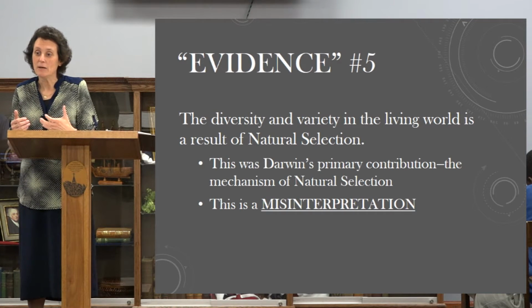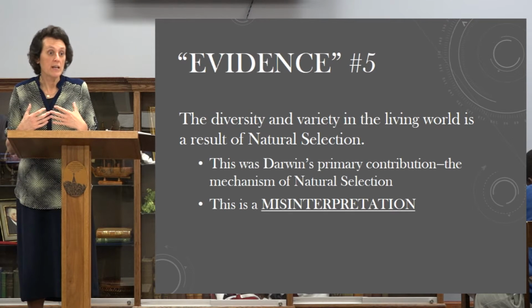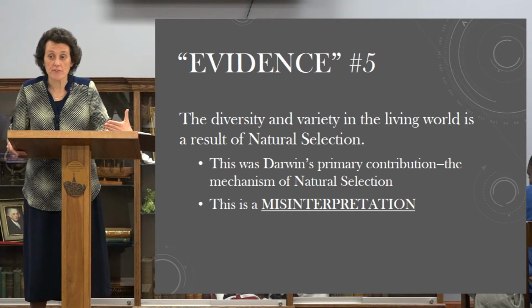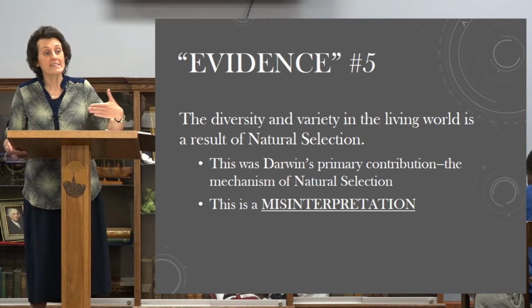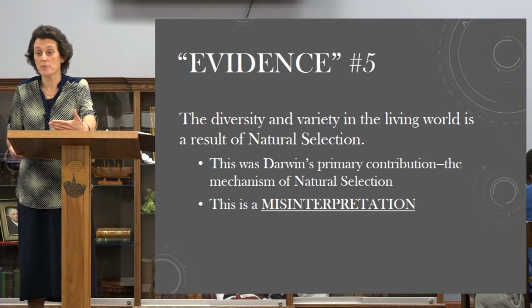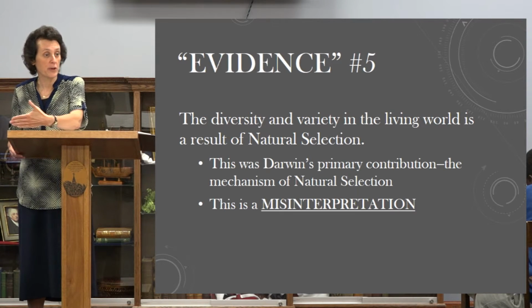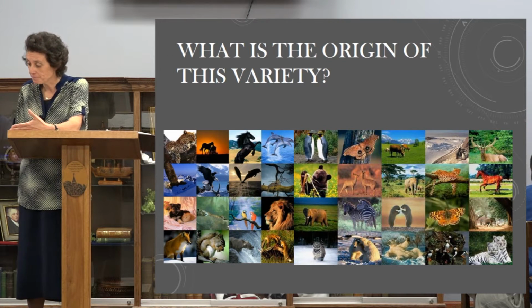Yes. How we interpret that depends on our worldview. So if we try to interpret diversity and variety as the result of natural selection, or as natural selection in action, we are misinterpreting based on an evolutionary paradigm. That's why I'm calling this a misinterpretation.